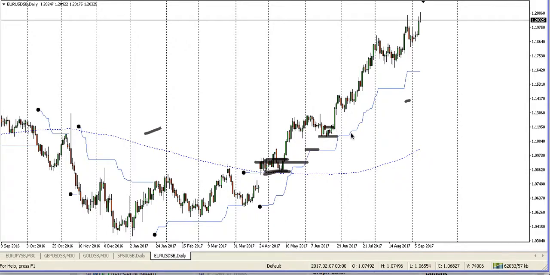So this entry here, price would be here when you eventually move this one to break even, and this one price would be, say, up here when this one got moved to break even. Again, I haven't tested this thoroughly. It's just something I'm looking at, and it's a suggestion if you want to run your own tests of something that you could possibly look at.